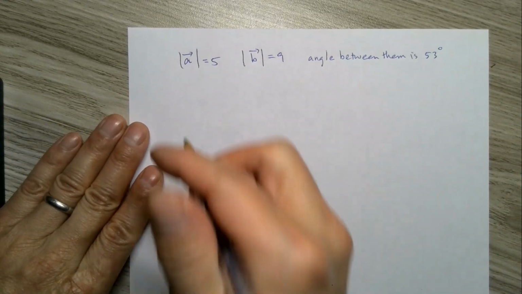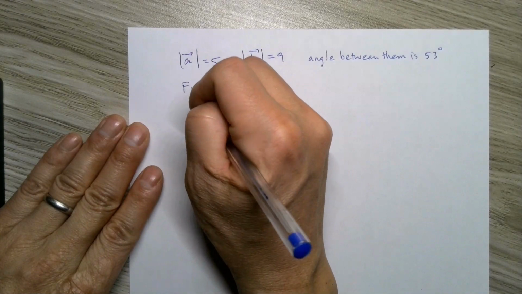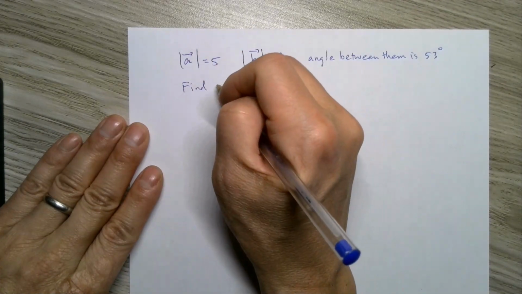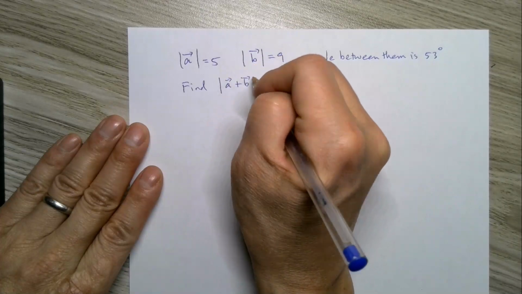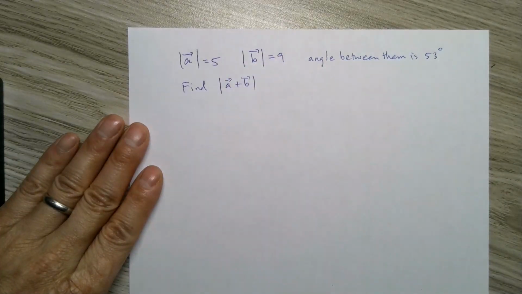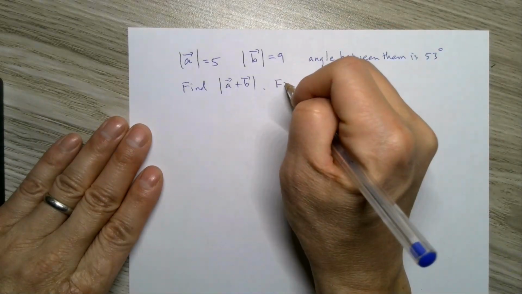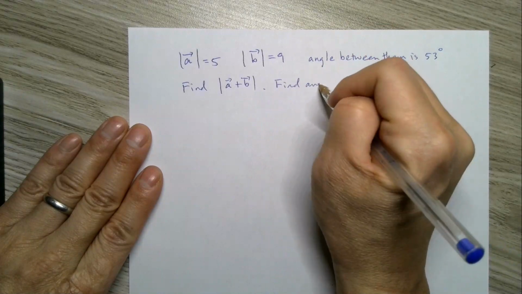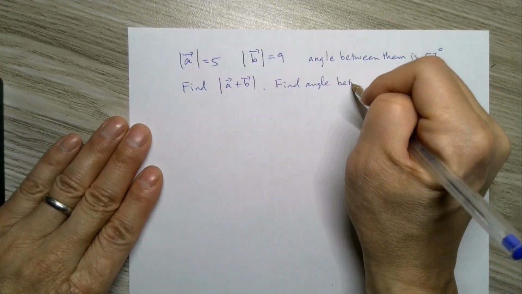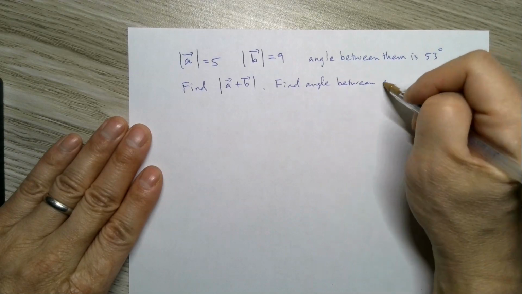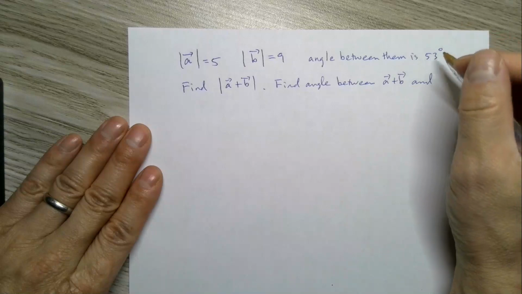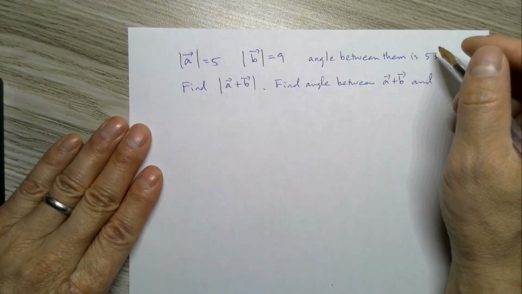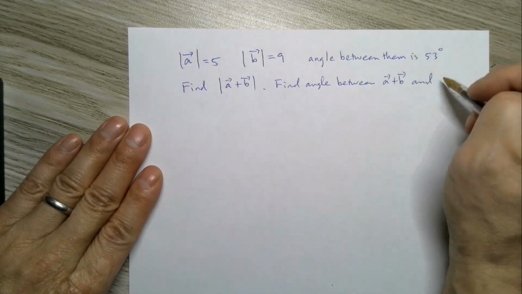And we are going to find the magnitude of the sum of those two vectors. And we're also going to find the angle between the new vector, A plus B, and vector A.